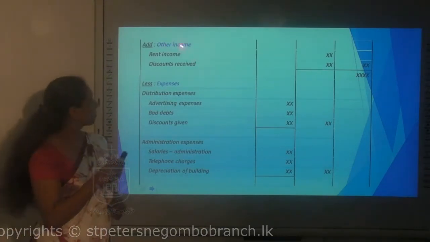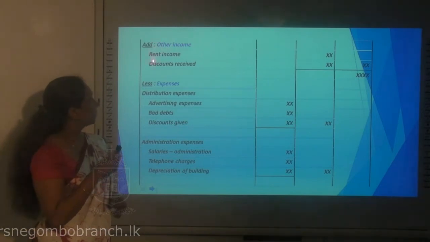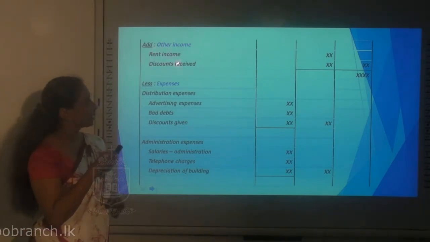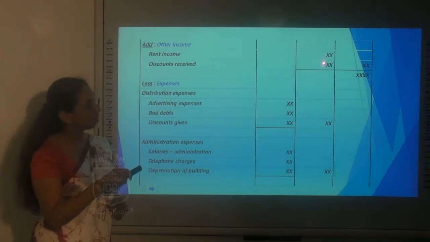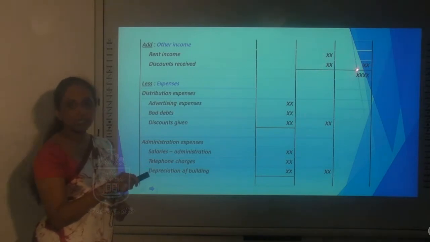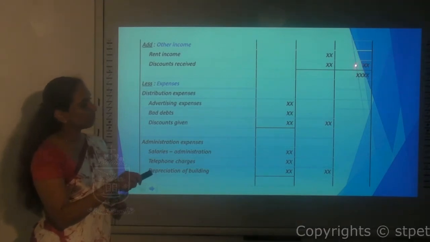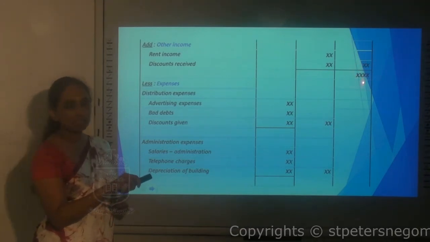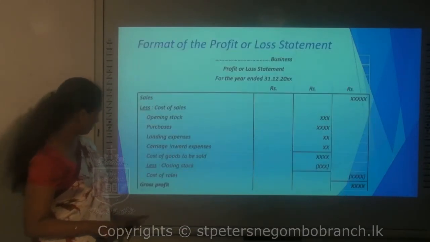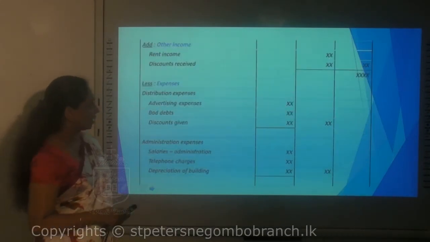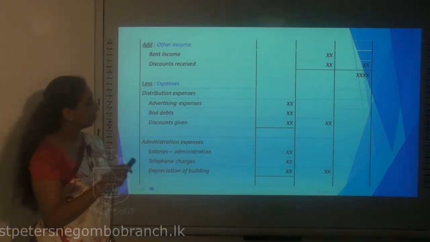Thereafter we have to add the other income. Some of the other income figures are mentioned in the middle column, and the subtotal will be taken into the last column, and that other income total is added to the gross profit figure which we have calculated here. But that figure doesn't have a specific name.